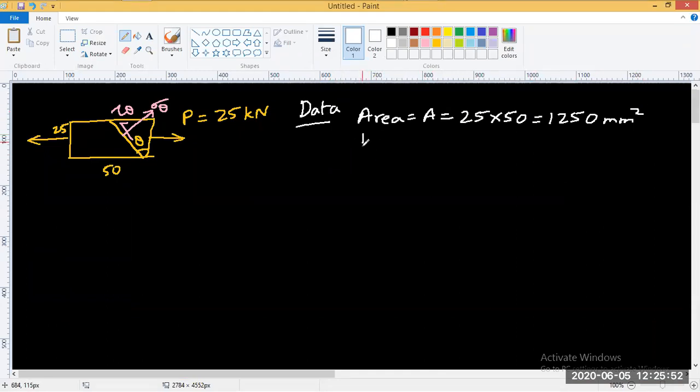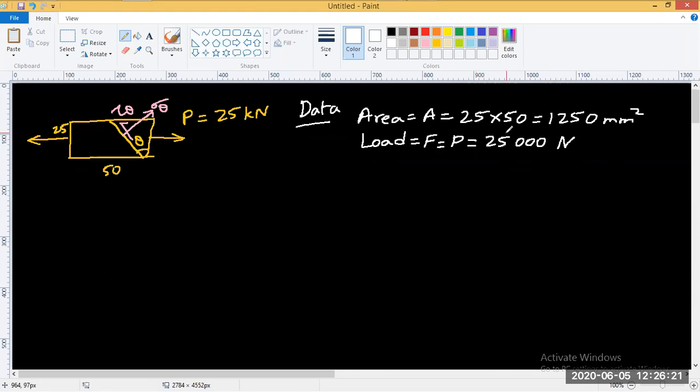The load you can call P or F, they all mean the same, a force. That will be 25 kilonewton, that is 25 followed by three zeros, in Newton. You expanded that kilo, right?